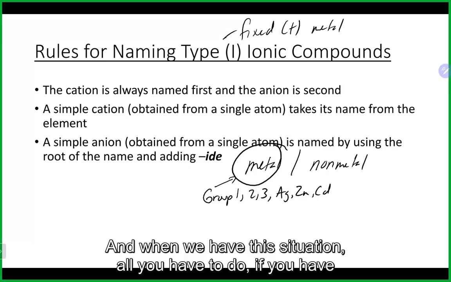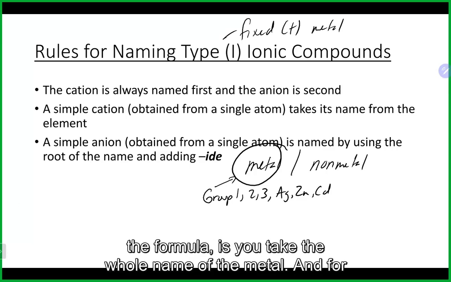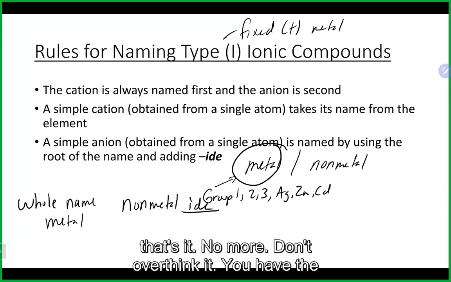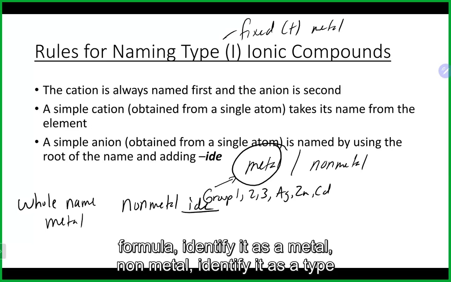And when we have this situation, all you have to do if you have the formula is you take the whole name of the metal, and for our non-metal, you just roll with the IDE ending of it. So that's it. No more. Don't overthink it. You have the formula. Identify it as a metal, non-metal.